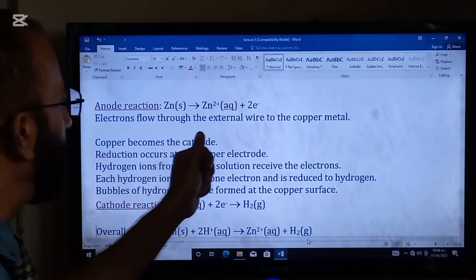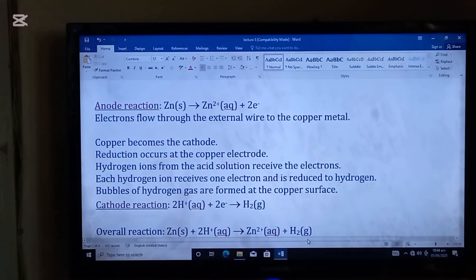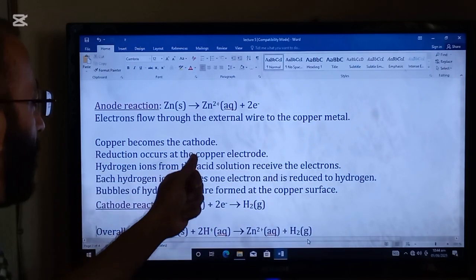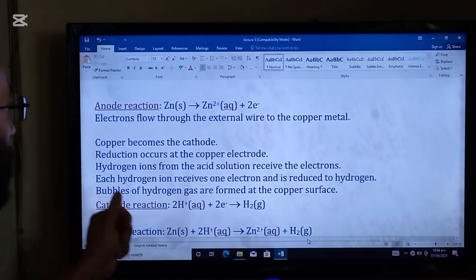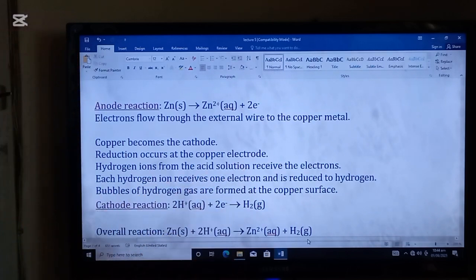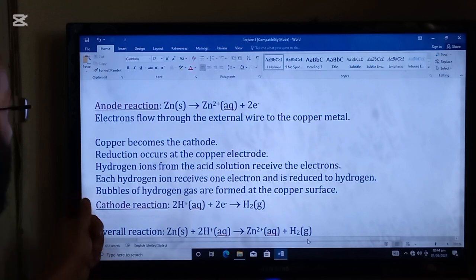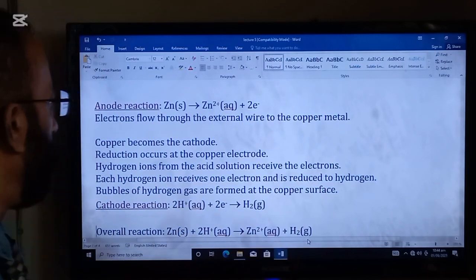Electrons flow through the external wire to the copper metal. Whereas the second metal, that is copper, becomes the cathode. Reduction occurs at the copper electrode. Hydrogen ions from the acid solution receive the electrons.